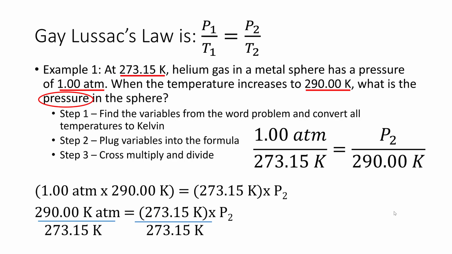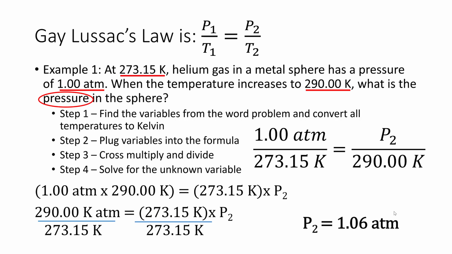And then on the left side, I have P2 equals 1.06 atmospheres. So I took 290 divided by 273. And then on the right side of that equation, the 273s both canceled out with each other. And all I was left with was P2.